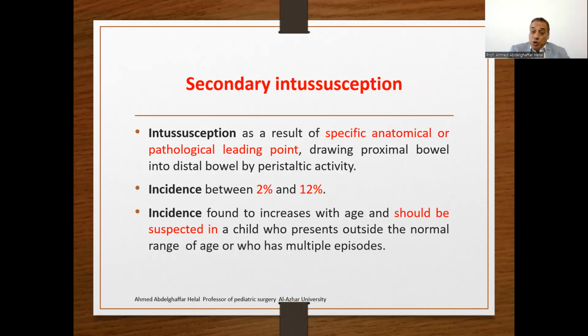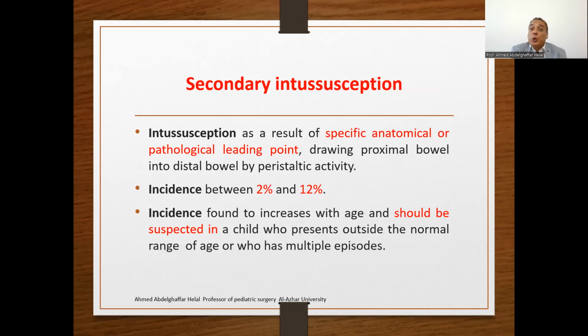Secondary intussusception is an intussusception as a result of a specific anatomical or pathological leading point. Here, there is a cause. There is a lesion which acts as a leading or starting point, drawing the proximal bowel into the distal bowel by the peristaltic activity.